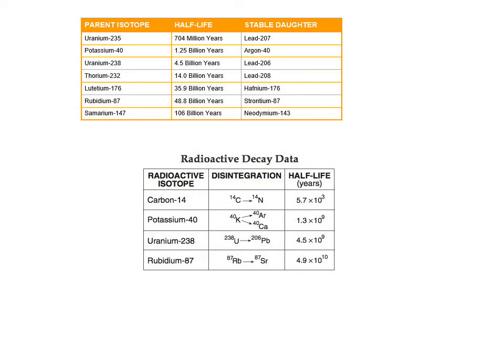And this is a table of different elements and their half-lives that are commonly used in radioactive dating. So we use radioactive dating to get an idea of how old something is. And we often date rocks and minerals around fossils to get an idea of how old fossils are.